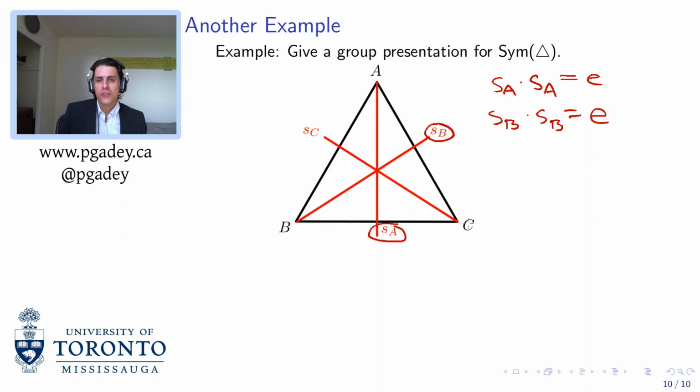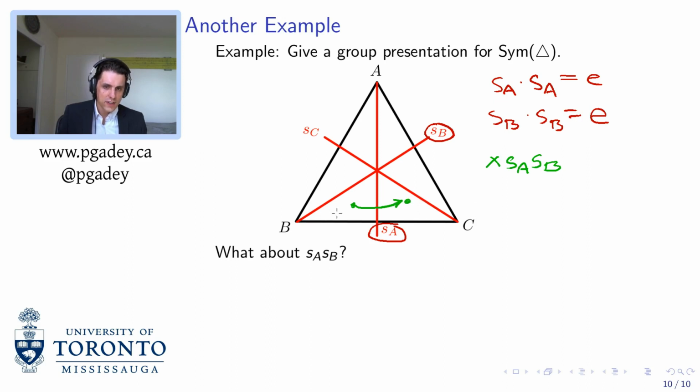But how do these generators interact with each other? What about SA times SB? How does that work? Well, let's pick a point, call it X, and we'll see where X goes under SA SB. So we apply SA first. We get over to here.